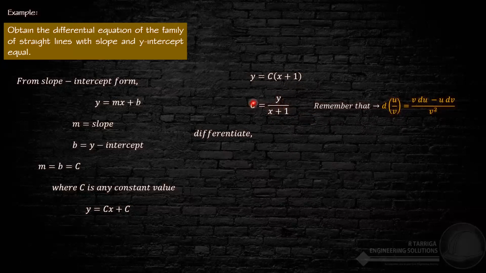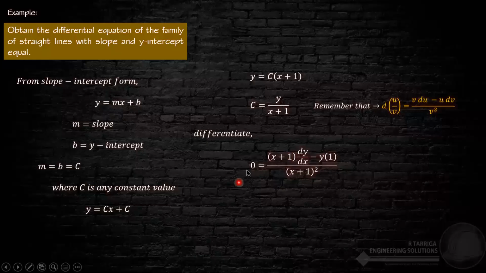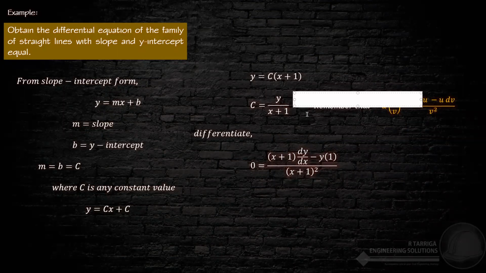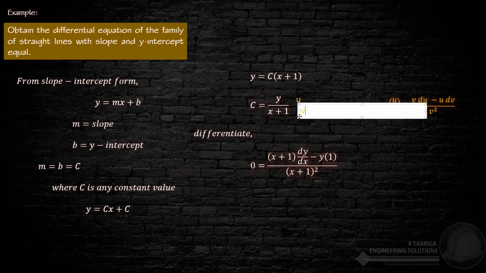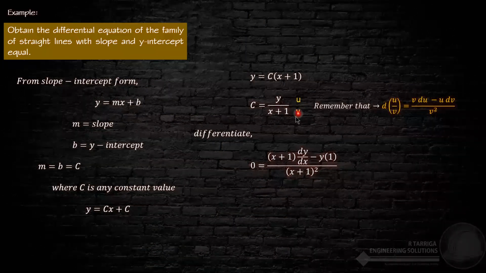Here, C is a constant, so the derivative of a constant is always 0. Okay, so 0. Let's review this one. Here, x plus 1 is the v and y is the u. The v squared is the denominator, x plus 1 squared.